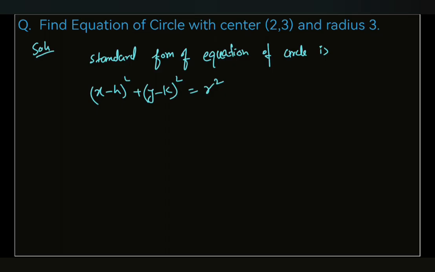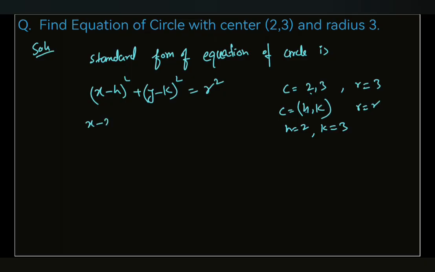Here our center is 2 and 3 and radius is equal to 3. So in standard form center is h and k and radius is r here. Comparing the center values, h equals 2 and k equals 3. So put the values of h and k in the standard form of equation.